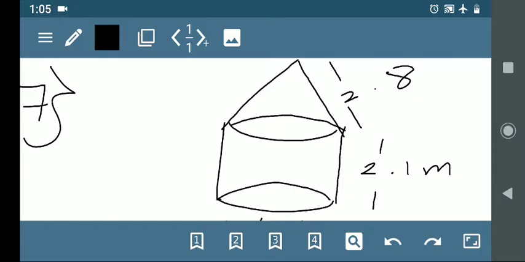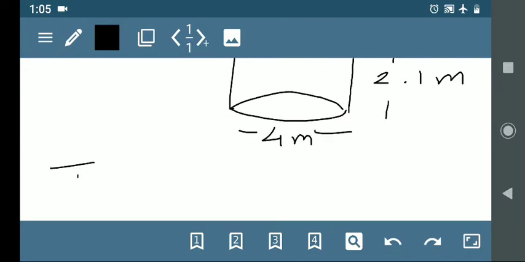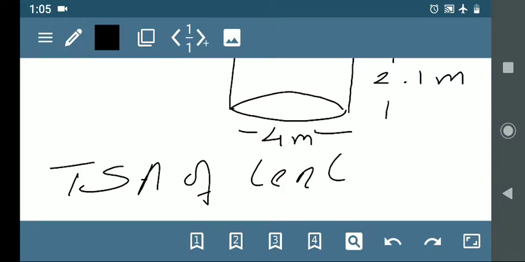Find the area of the canvas used for making the tent. Means TSA of a tent. Total area we need to calculate. TSA of tent we need to find first.